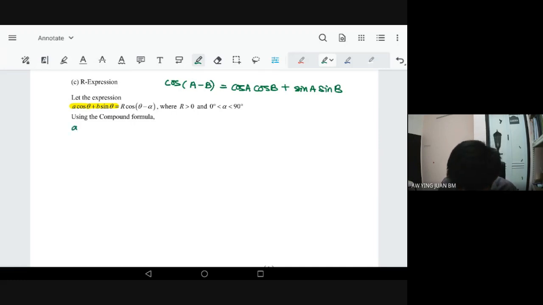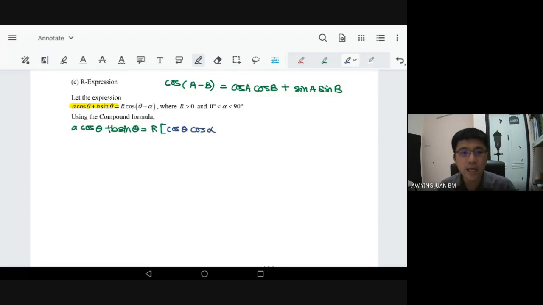So A cos theta plus B sin theta is equals to R bracket compound angle. So cos theta cos alpha, kita ada minus, so dia jadi plus. Sin theta sin alpha. So bracket.